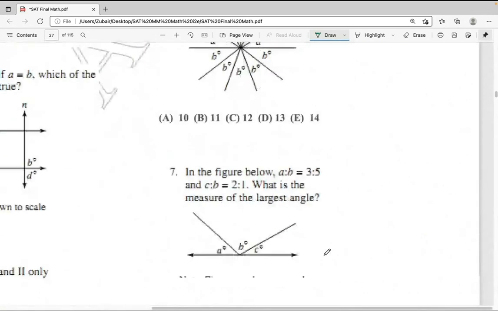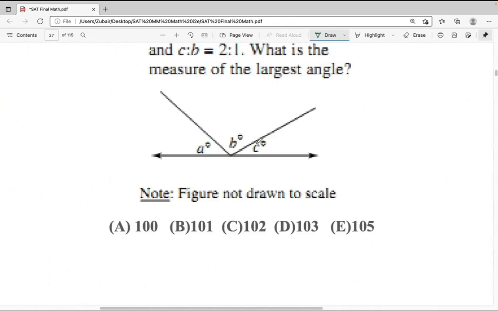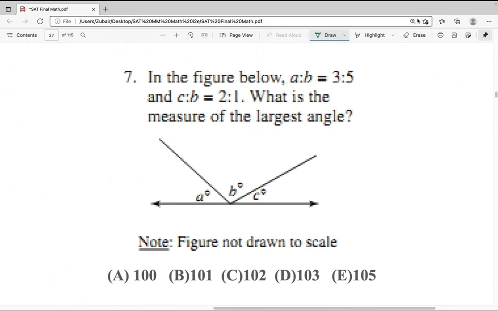Then another question with ratios. Number 7. Okay, sir. Sir, would it be 100?